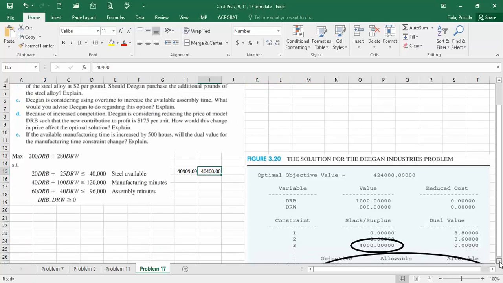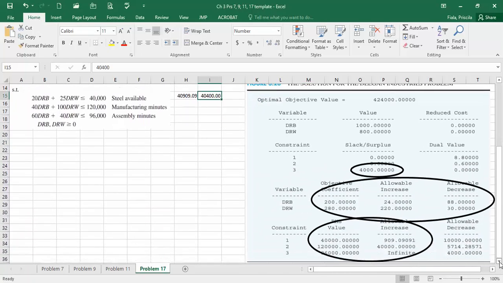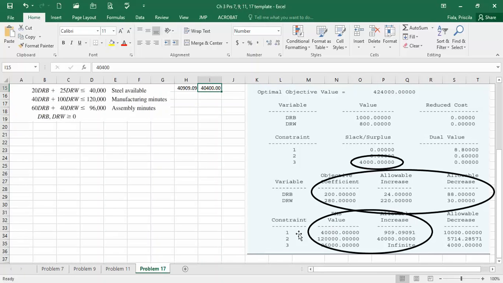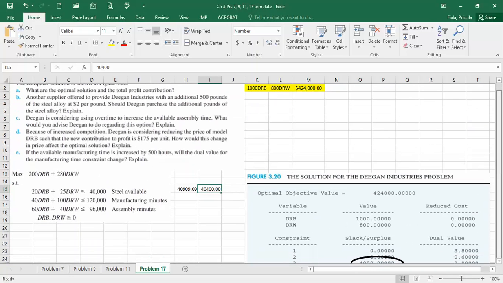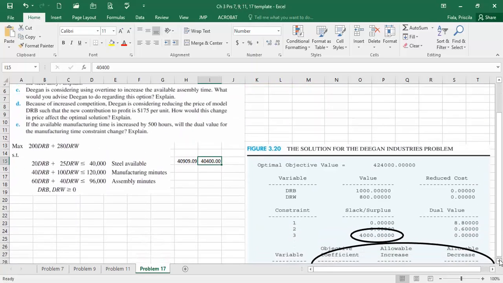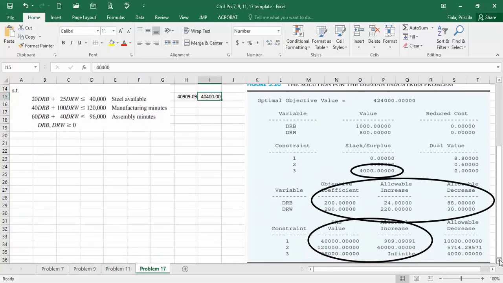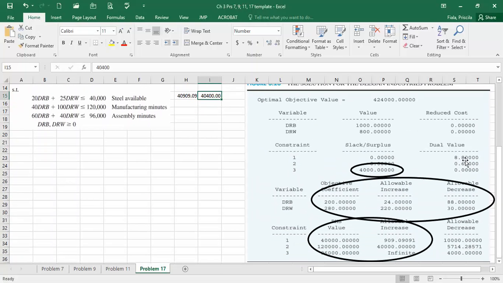Again, let me go down here. I know it sounds confusing. So your constraint one says it has to be less than or equal to, they only have 40,000 available. Then this supplier comes to you and says, I have an additional 500 pounds and it's only going to cost you $2.